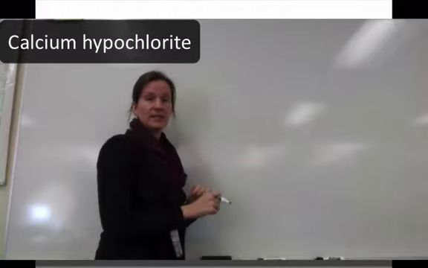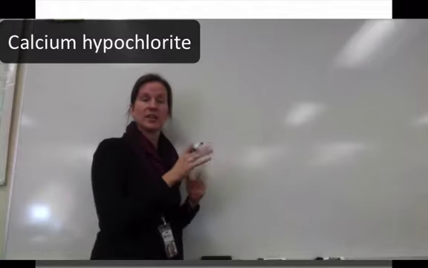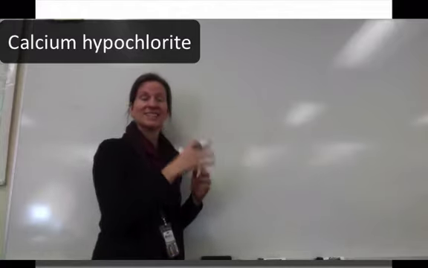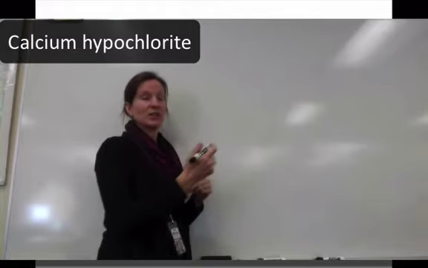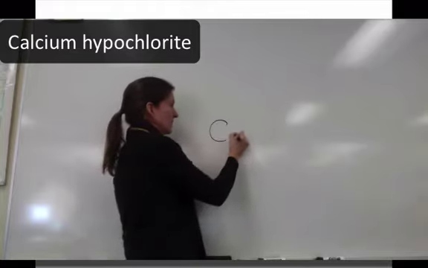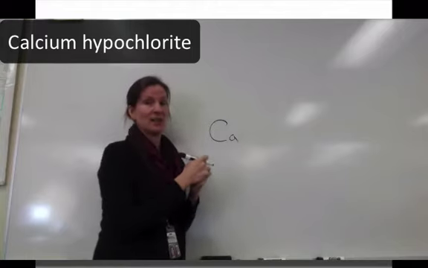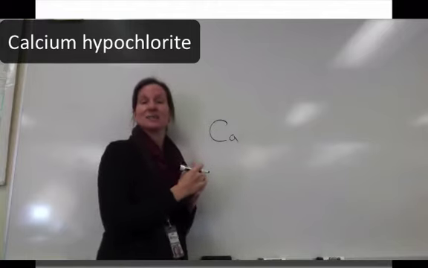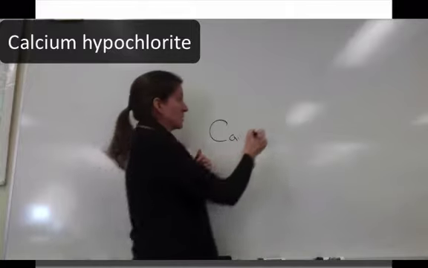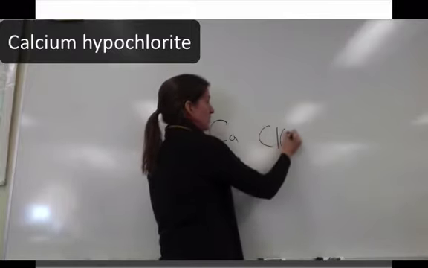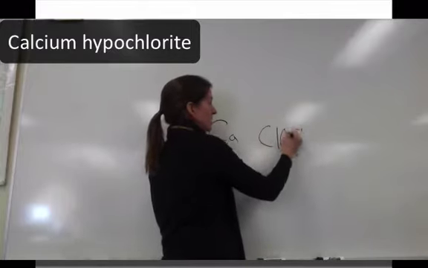Next one, calcium hypochlorite. I look at calcium. Is it a metal? Yes, it is a metal, and it is not a transition metal. So it's just Ca. Then I look at hypochlorite. Ite tells me it's a polyatomic. Ite tells me it is not one of the 8. So chlorate was ClO3 -1.